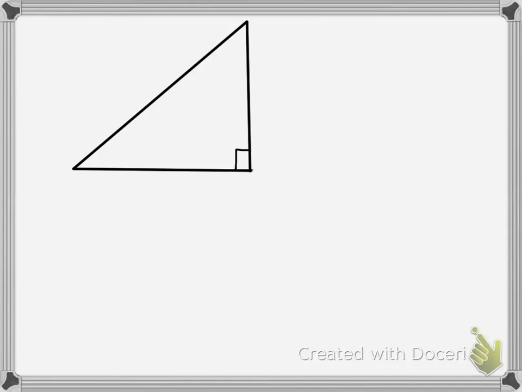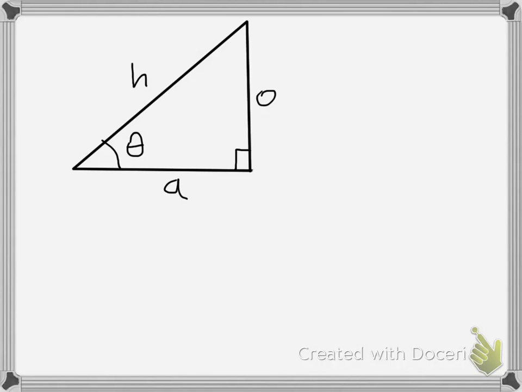Hi, so in this video we're going to learn some more trigonometry identities. So let's get started. In this video we're going to go over trigonometry identities called Pythagorean identities. A trigonometry identity is just a rule in trigonometry that relates trigonometry ratios.